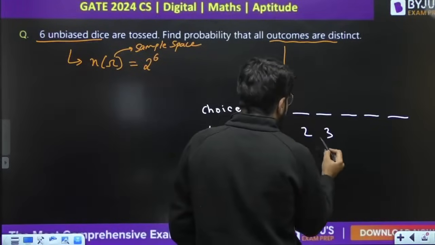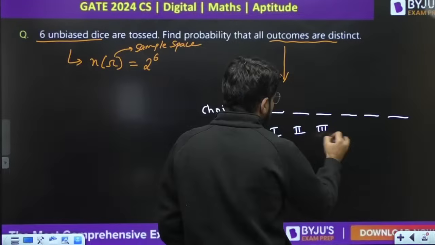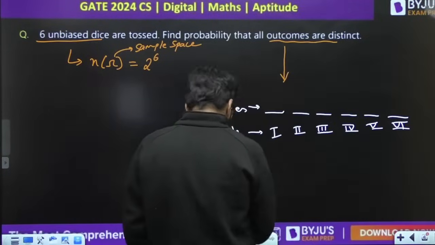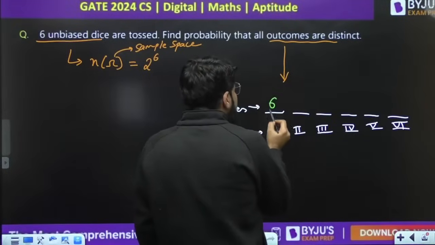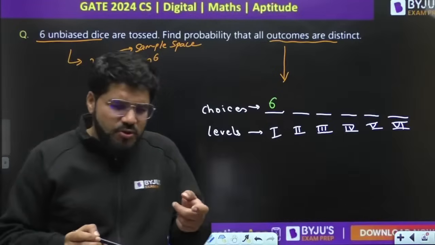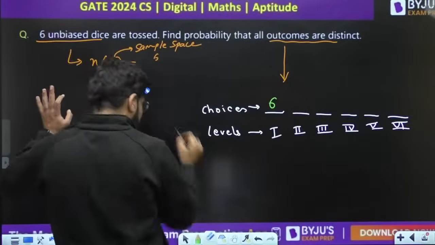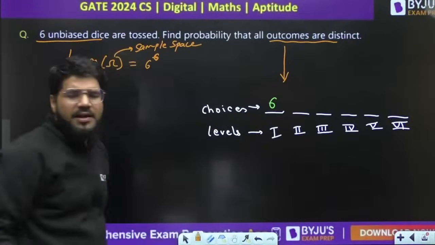How many choices do you have for each level? The first digit could be any of the 6 outcomes. Sorry, it's 6 power 6, I wrote the coin one by mistake.